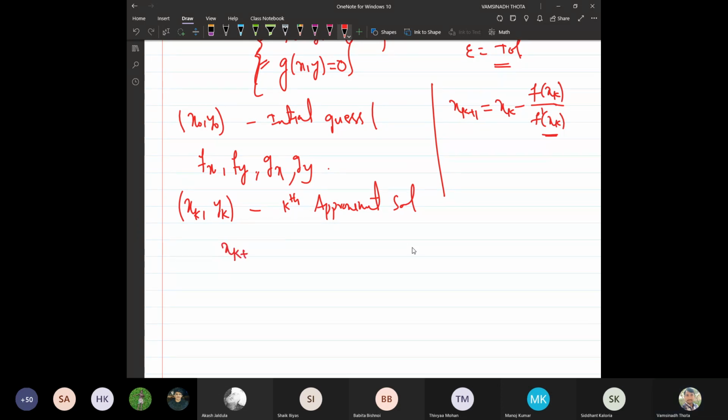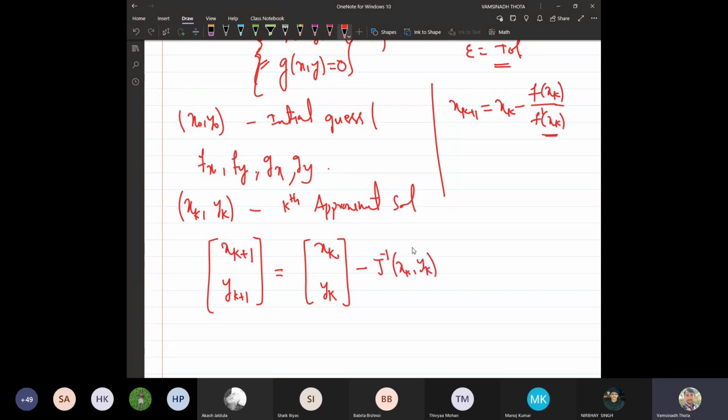Then the k plus 1th approximate solution is given in matrix form as follows: x k plus 1, y k plus 1 equals x k, y k minus J inverse at x k comma y k times f at x k comma y k and g at x k comma y k.